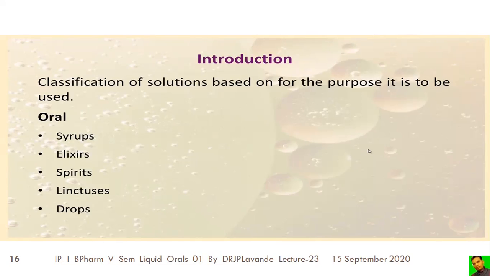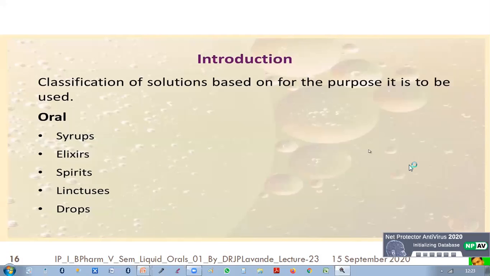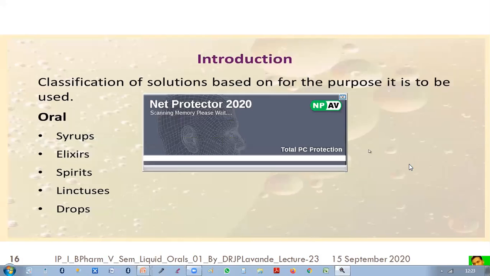Let us say, for example, they are to be taken by the oral route, which is what we studied just now, because our topic is oral liquids. Such liquid dosage forms, such as solutions, are taken by the oral route. Examples like syrup, elixir, spirit, linctuses and drops are all oral liquids.